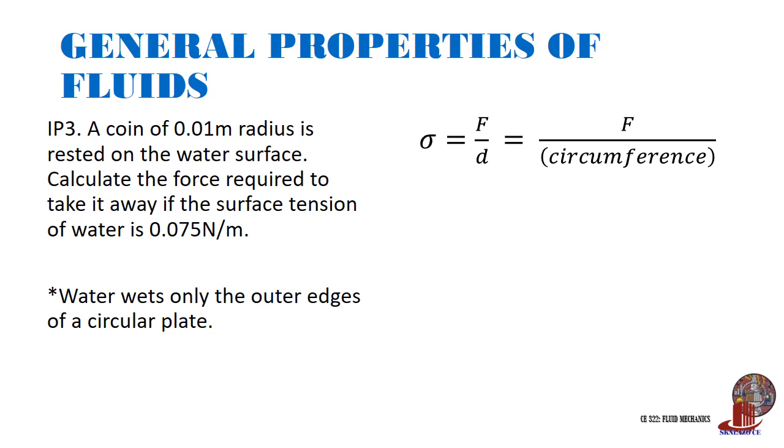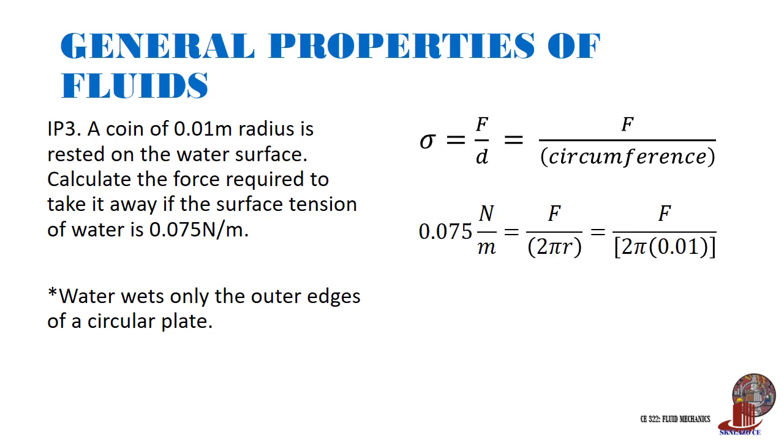So, our formula of sigma, which is equal to F all over D, would just turn out as F all over circumference. So, plugging our values, 0.075 Newton per meter would be equal to F all over 2 pi r, where r would be taken as 0.01 meter. Thus, our value would turn out as F is equal to 0.0047 newtons.